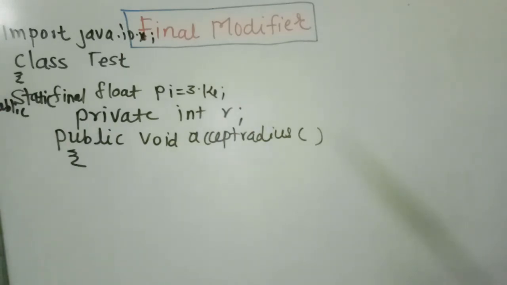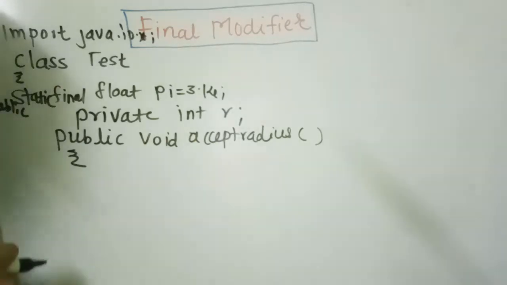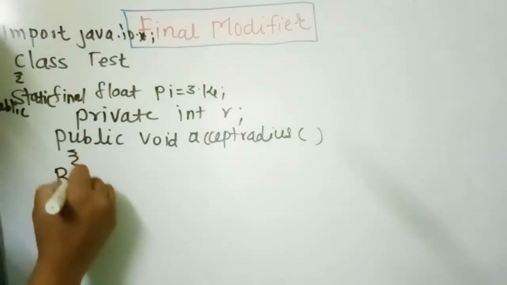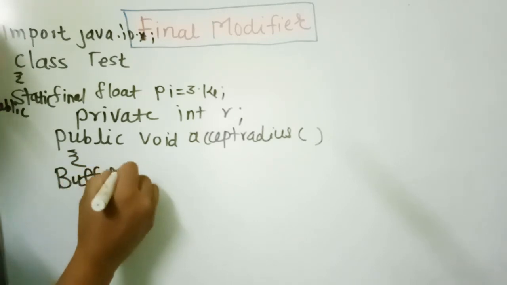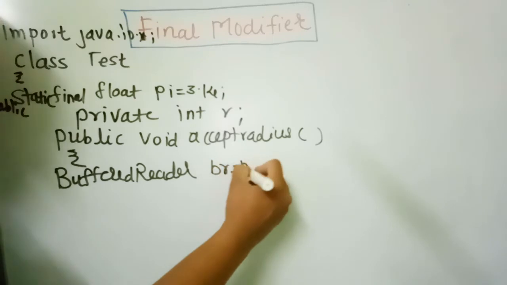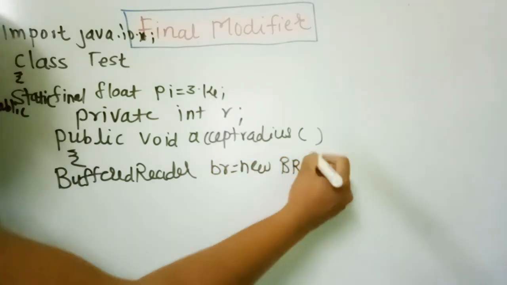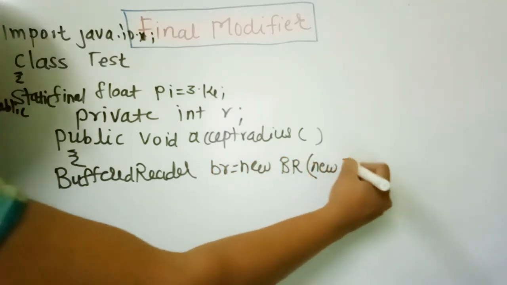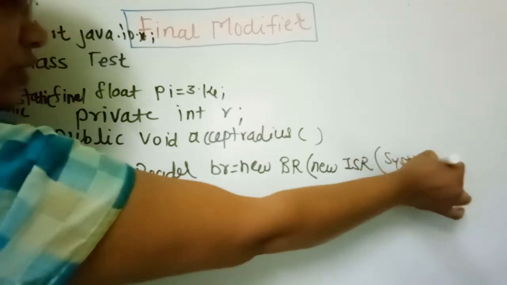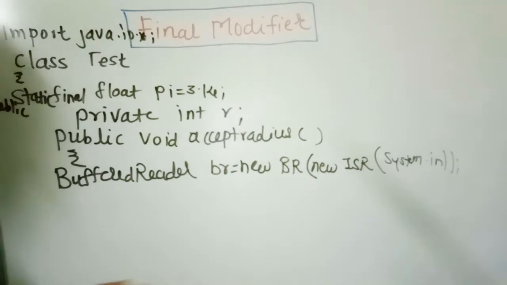We all know that to accept any value from a user, we have to create a BufferedReader class. So BufferedReader br equals new BufferedReader(new InputStreamReader(System.in)).